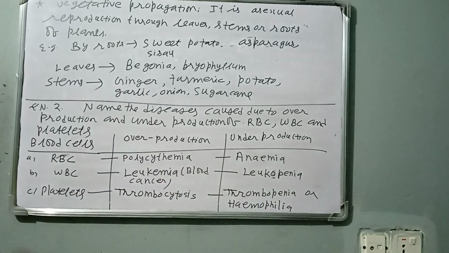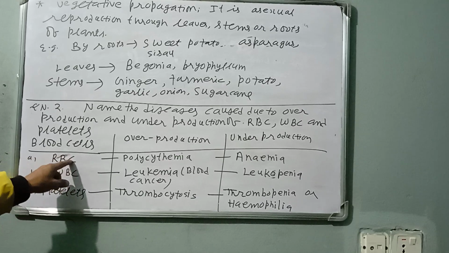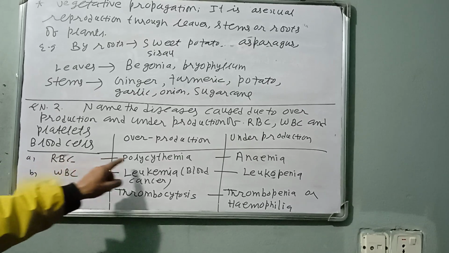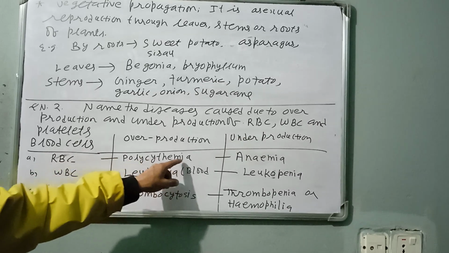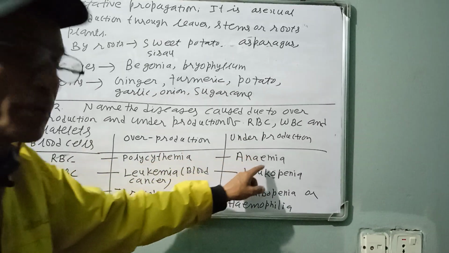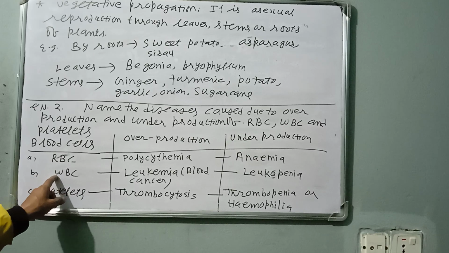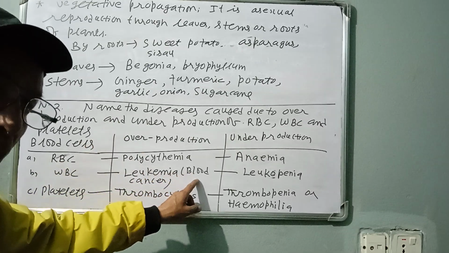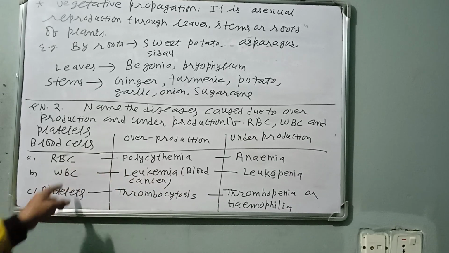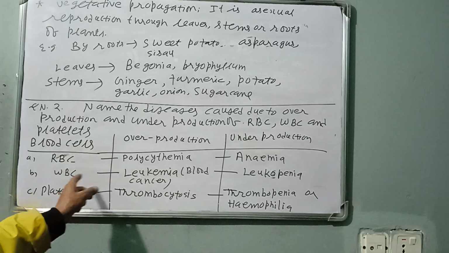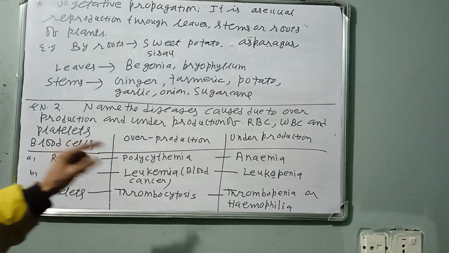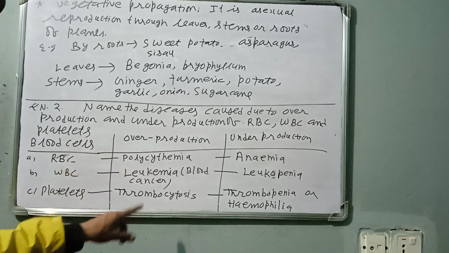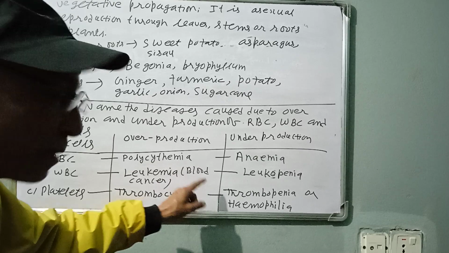RBC, first of all, overproduction: polycythemia. Underproduction: anemia. WBC, white blood cells. Overproduction: leukemia or blood cancer. Everybody needs WBC. WBC is very important. It is just like the police for protection, but overproduction is very bad.